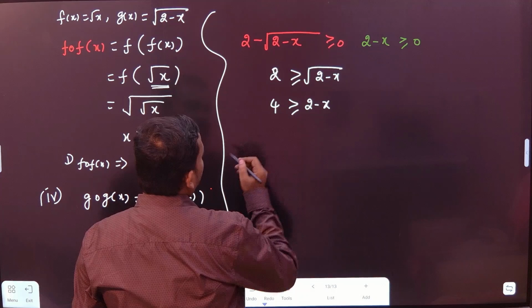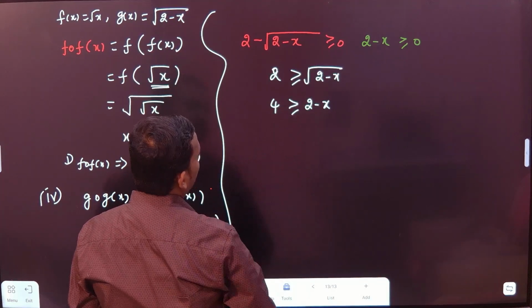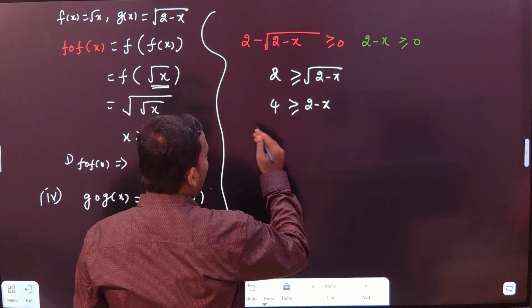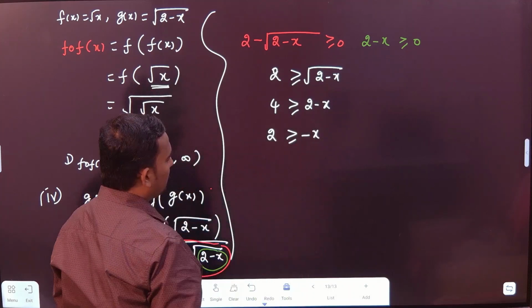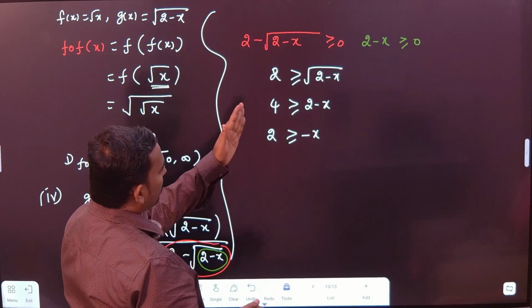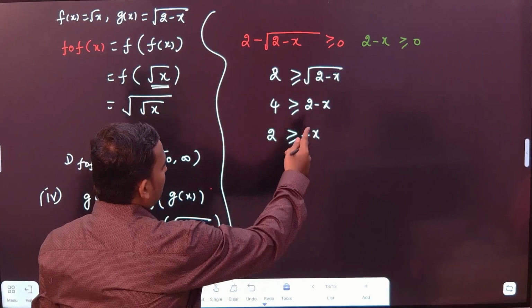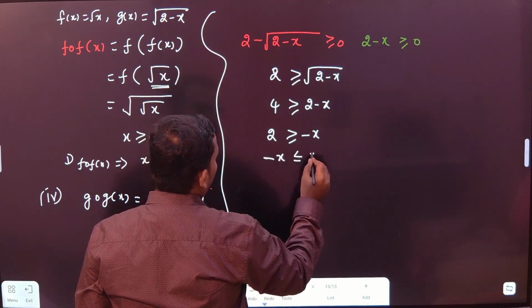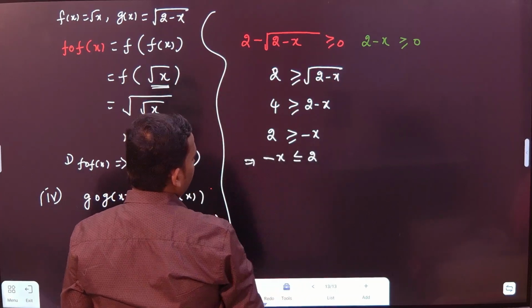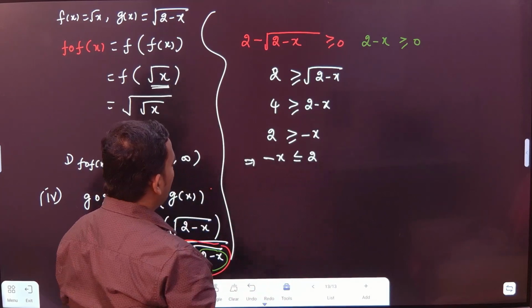You can solve this inequality here. What will we get? Adding minus 2: 4 minus 2 is 2, and minus 2 plus 2 cancel, leaving minus x, right? So 2 is greater than or equal to minus x. What is that meaning? Minus x less than or equal to 2. This implies you can multiply by minus 1 on both sides.